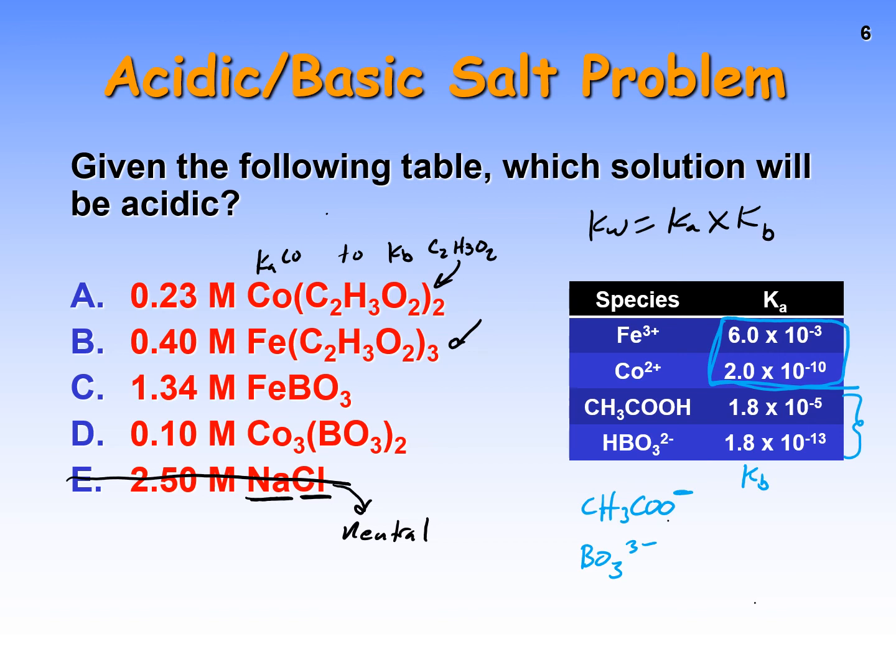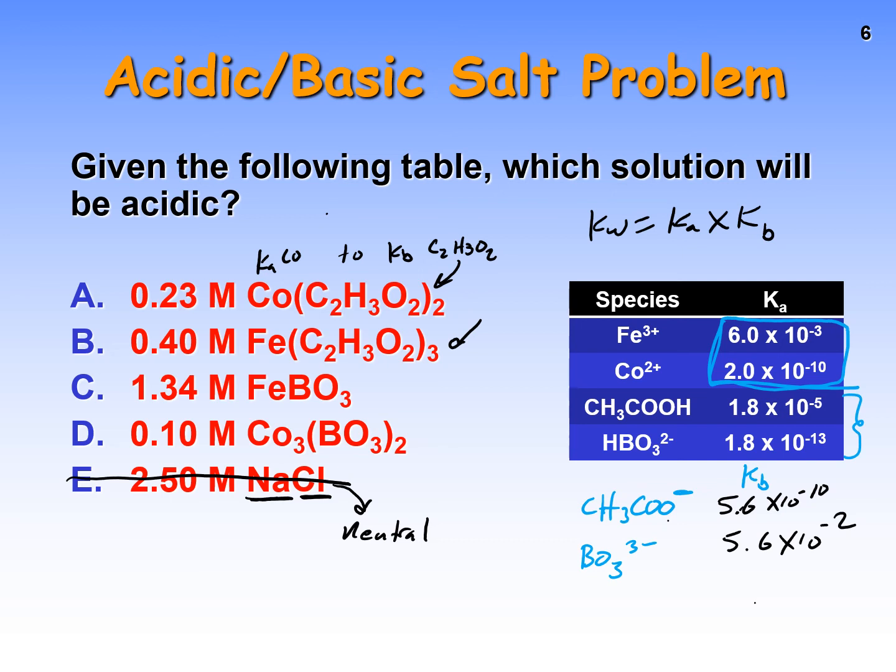So if we do that really quickly and just solve, we get 5.6 times 10 to the negative 10 here for that Kb, and we get 5.6 times 10 to the negative 2 as our Kb here. So now we need to compare these.